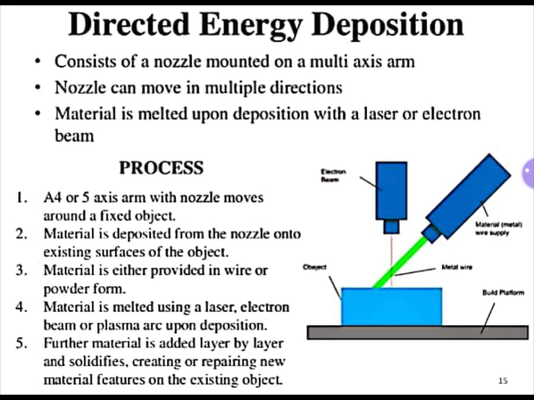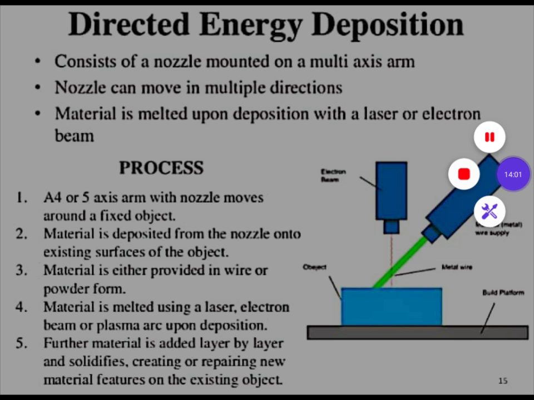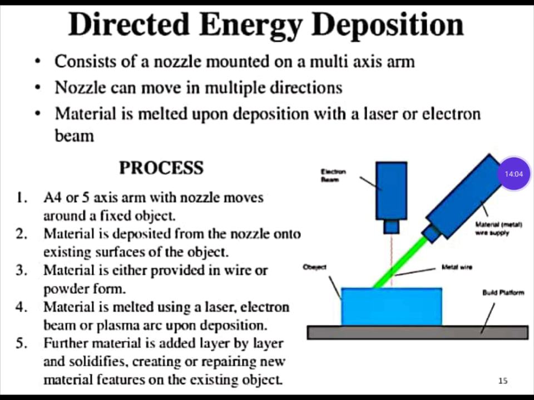Here in this technique we are going to use metal powder or wire in order to deposit the material on the structure which is to be repaired.